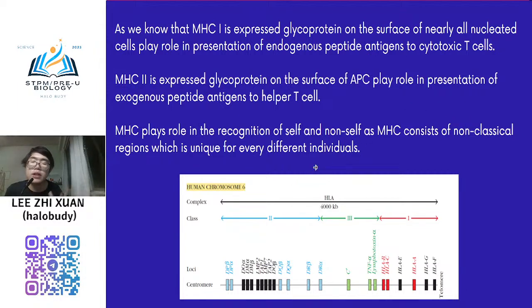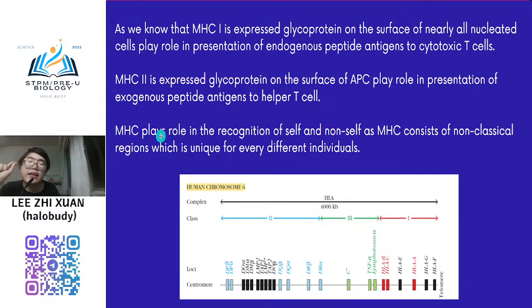So although you and I both contain MHC class 1, if I donate my organ to you, you have the possibility of rejecting my organ, because my MHC class 1 genetic sequence and yours are different.